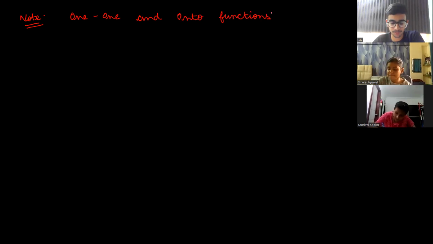So 1 1 and onto functions are bijective. And again, you have to learn these terminologies by heart. So make sure that in the next class you know all of these terminologies.